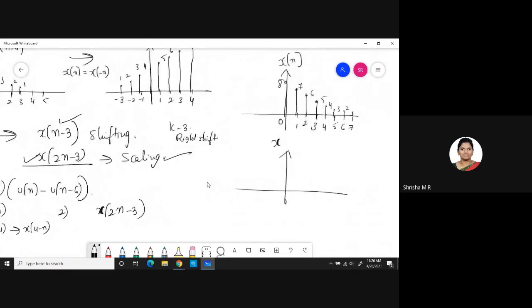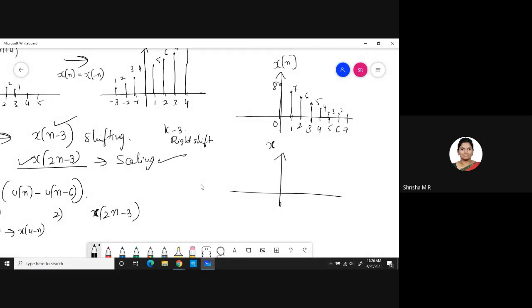So we have x of n minus 3. Okay? X of n minus 3 means the k is negative. So it is right shifting. The signal is occurring 3 seconds late. So whatever is at 0 will occur at 3. Okay? 3, 4, 5, 6, 7, 8, 9, 10, 11.